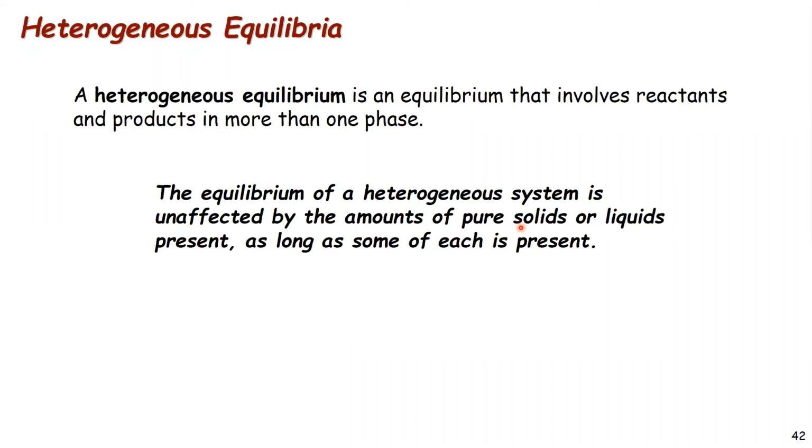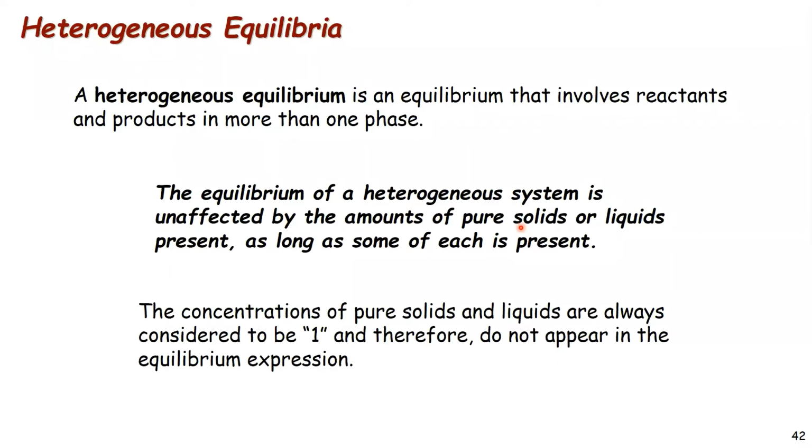We'll deal with that in the upcoming chapter, in chapter 16, when we start talking about weak acids and bases and acid-base reactions and solubility and all of that stuff. So again, we basically consider their concentrations to be 1, but like I said, it's a bit more complicated than that. It actually becomes part of the equilibrium constant itself.